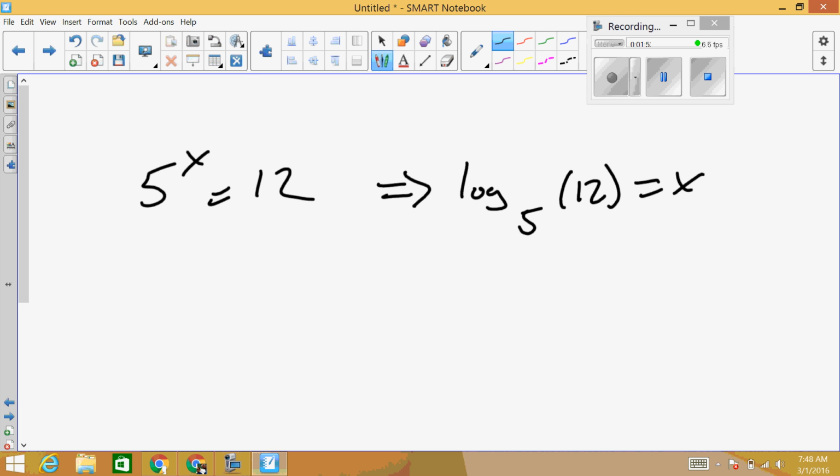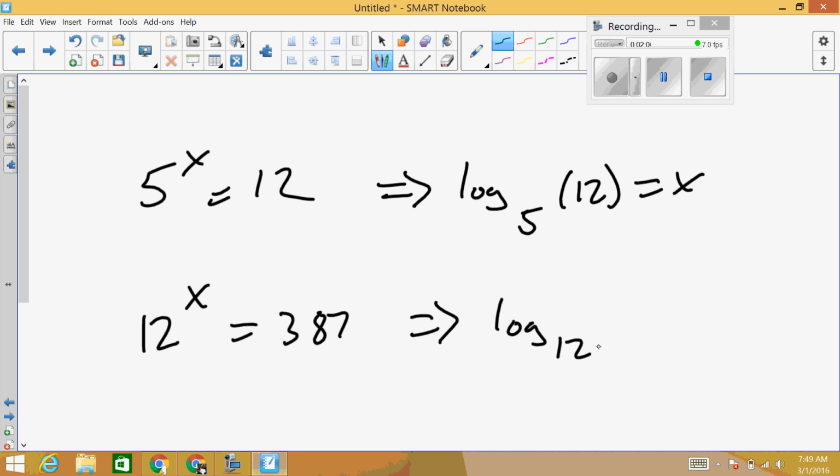So just changing the form. So now once we learn how to use logarithms, we'll be able to find that result. One more. 12 to the x equals 387 in logarithmic form would be log base 12 of 387 equals x.